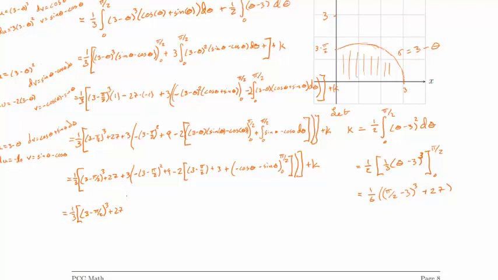Equals 1/3 bracket, parentheses, 3 minus pi over 2 cubed plus 27 plus 3, open parentheses, let's write this as 9 minus 3 minus pi over 2 quantity squared minus 2 bracket 3 minus, actually we can now write this as 6 minus pi over 2 because those parentheses don't matter. Plus cosine of pi over 2 is 0 minus sine of pi over 2 is negative 1, and then cosine of 0 is 1.